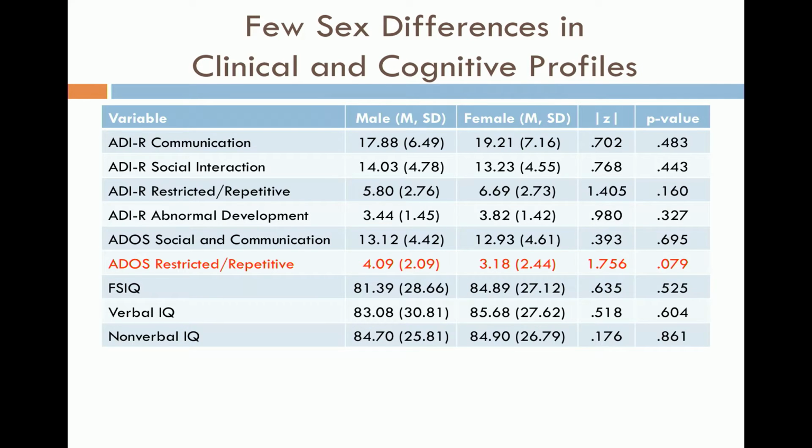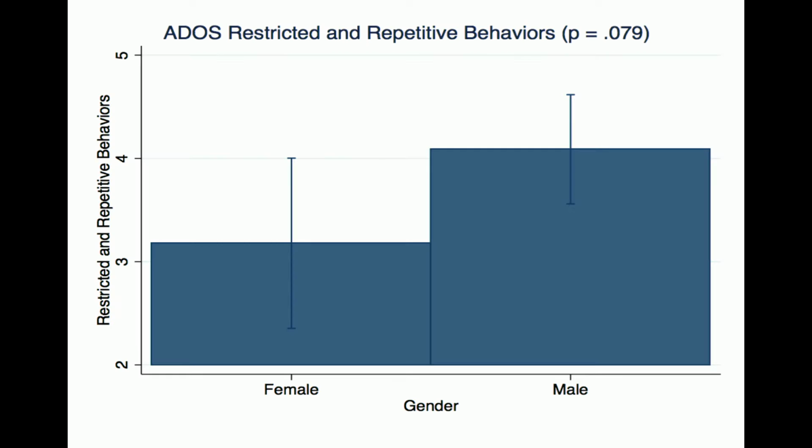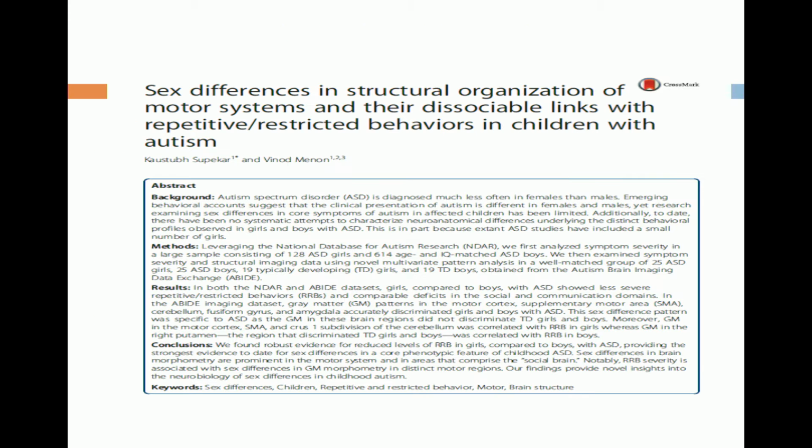It's only a trend finding for us, but it was the only thing that we found in this large cohort that really separated out clinically males and females. And that's just an indication of the size of the effect there.